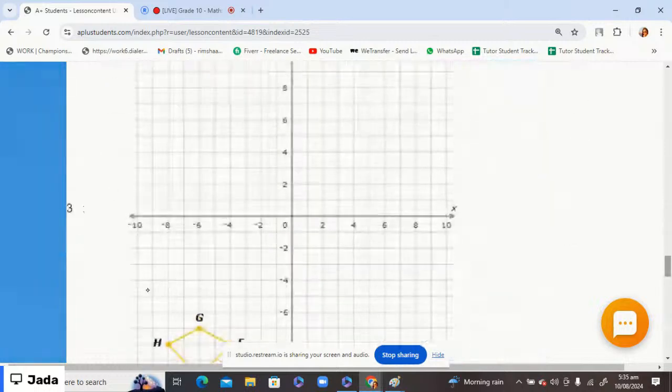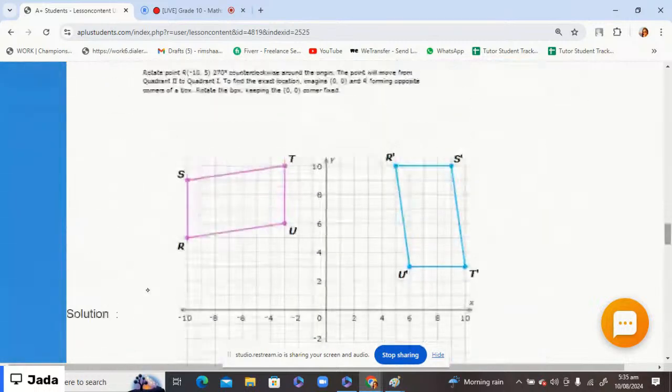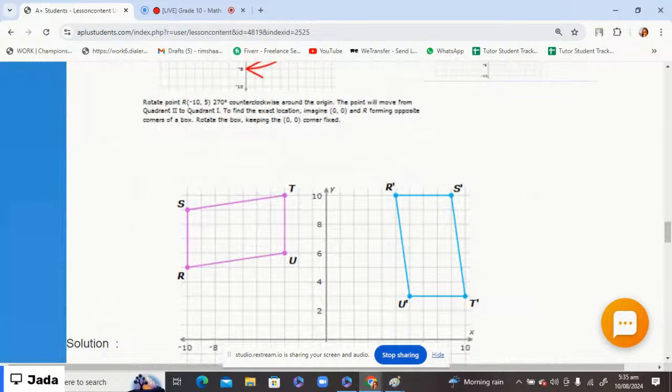Just look here. It's also the same thing. When you transform by 90 degrees, 180 degrees, 270 degrees, just check the points and how much we change the positions. Okay, like the negative signs, how much we shift their points.